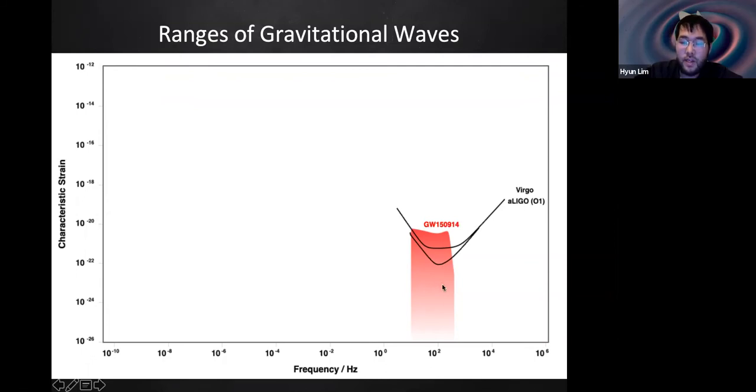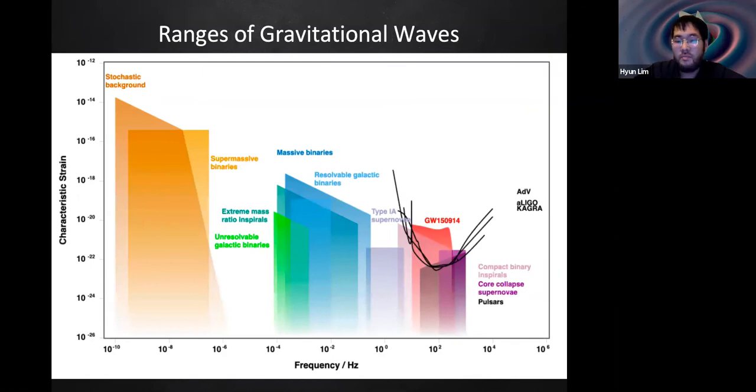And of course, we can think of more. There are multiple different sources emitting gravitational waves that we want to detect. For example, core collapse supernovae, and also extreme mass ratio inspirals, meaning the difference between two black hole masses is really large, such as one black hole with 1,000 times the mass of the sun, and another with 1 times the mass of the sun.